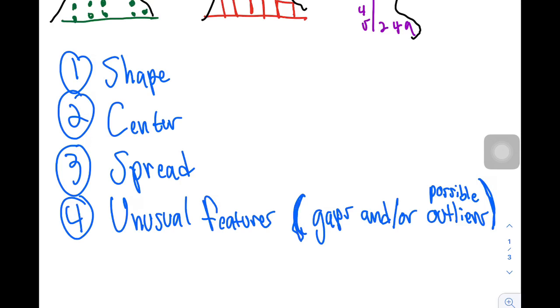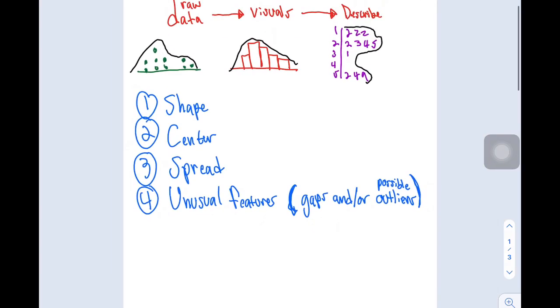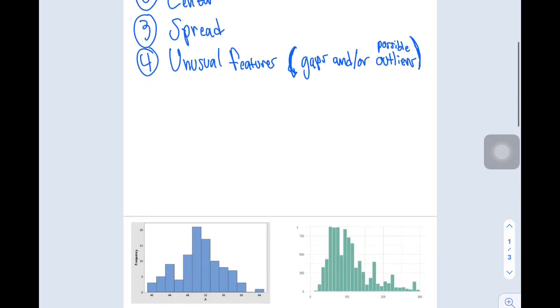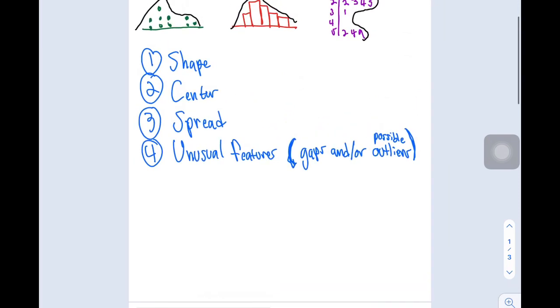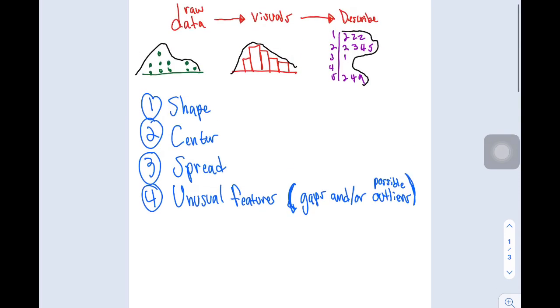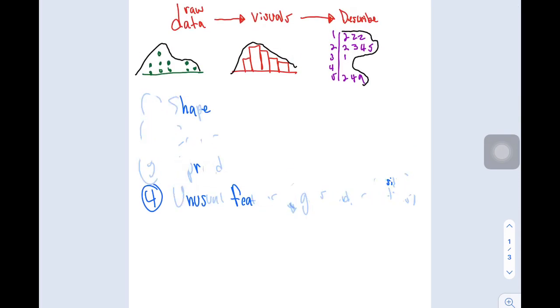Sometimes it's not always easy to tell if something's an outlier, but maybe it looks like it could possibly be one. So describing these data distributions, we need to describe the shape, the center, and spread and unusual features. I'm going to go ahead and erase this, and hopefully you have this written down.